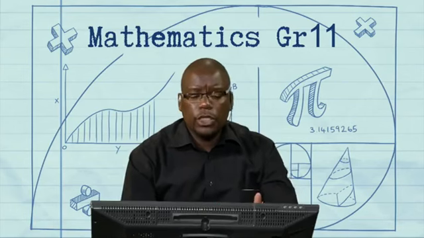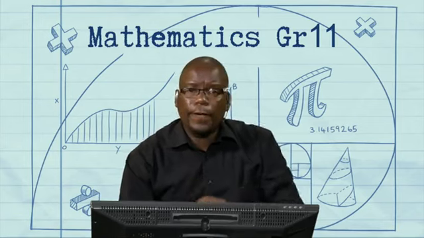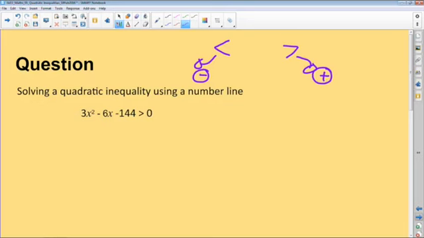You check, there's a common factor, which is 3. I'll have to divide by 3 throughout, so that is x squared minus 2x minus 48 is greater than 0, right? And then from there, I'll have to factorize.